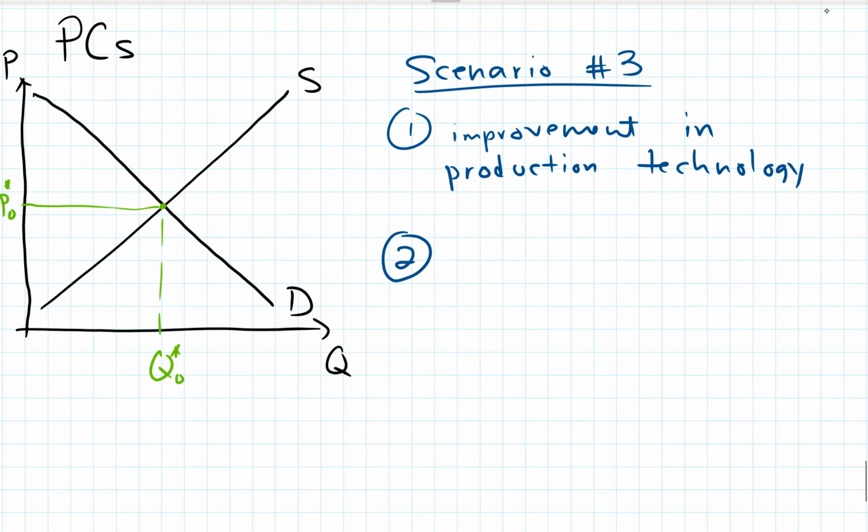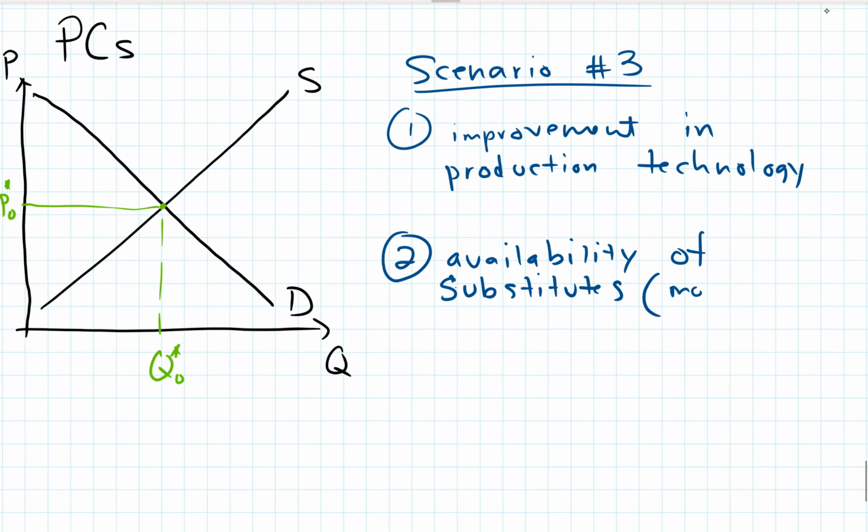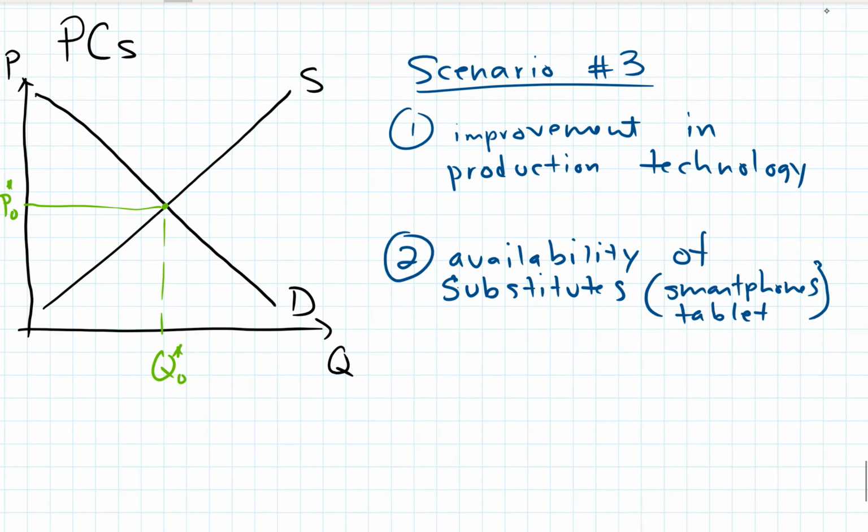So, the availability of substitutes. We've got more substitutes available, and the substitutes are getting better. I'm talking here about mobile phones, so smartphones, and tablets. The tablets and the smartphones are getting better and better, and they have more and more functionality, so there's more and more things you can do on them, and you don't need to use a PC.